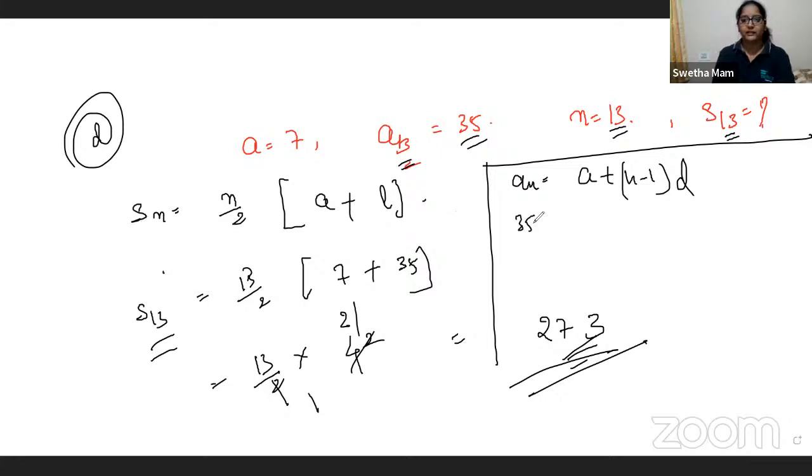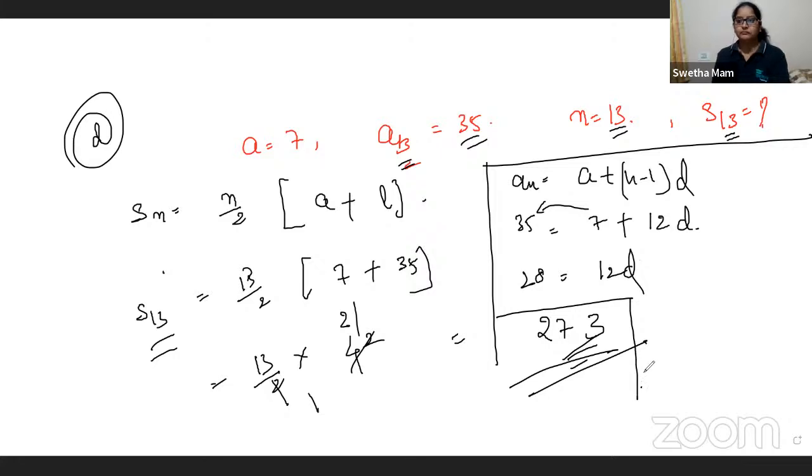A13 is 35 is equal to A is 7 plus n is 13 minus 1, I will write directly D. So take the 7 to left hand side. 35 minus 7 is 28. 28 is equal to 12D. So 28 by 12 is equal to D.